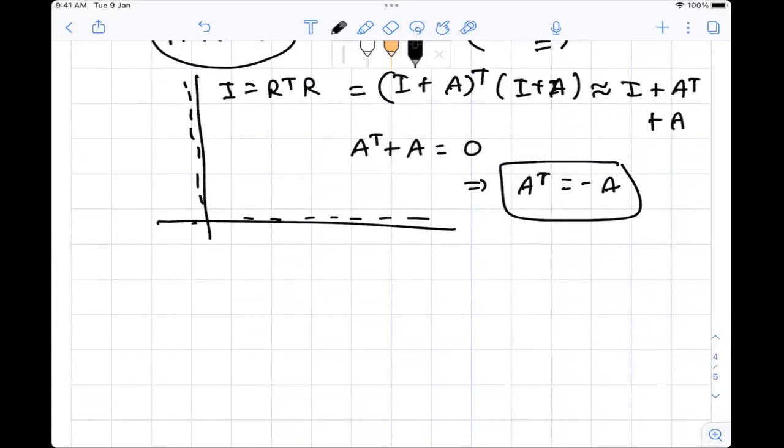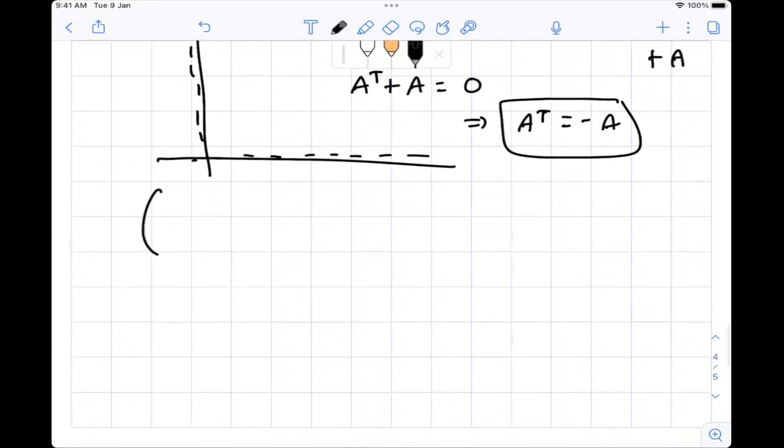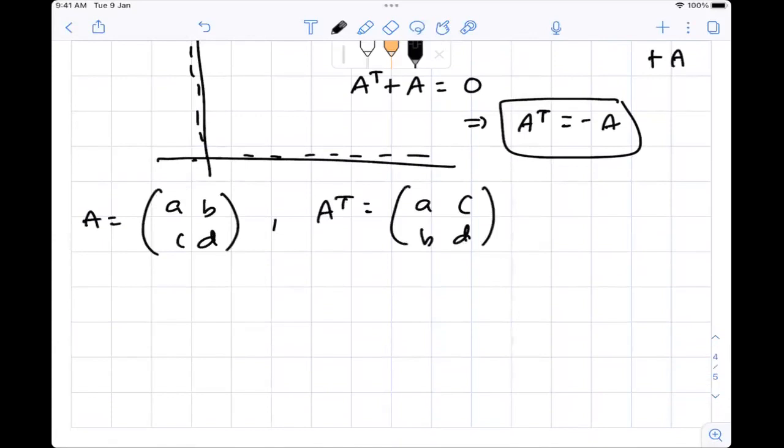Now since we are considering only 2 cross 2 matrices, how many such matrices are there? Let's say I take A as A, B, C, D. Then A transpose is equal to A, C, B, D. But this has to be equal to minus of A, B, C, D. So what it gives?